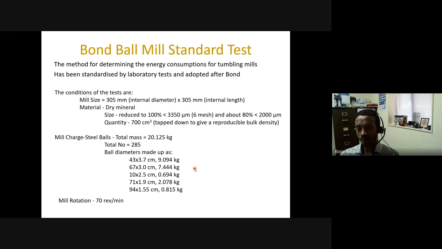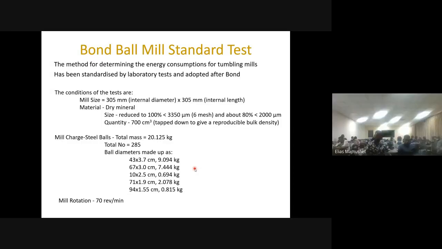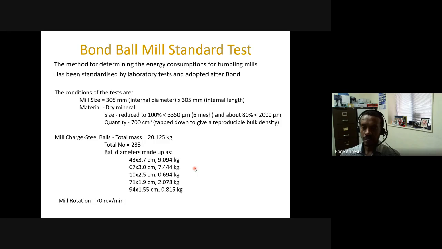Everything just moves, sticking to the wall, making circular motion, but no impact, no grinding, nothing happens. So that's why we can't rotate it at a very high speed either. Usually we have what we call a critical speed for mill rotation, where once you pass that critical speed, centrifugal force becomes so high that grinding drops significantly. So that's why mill rotation is very critical.